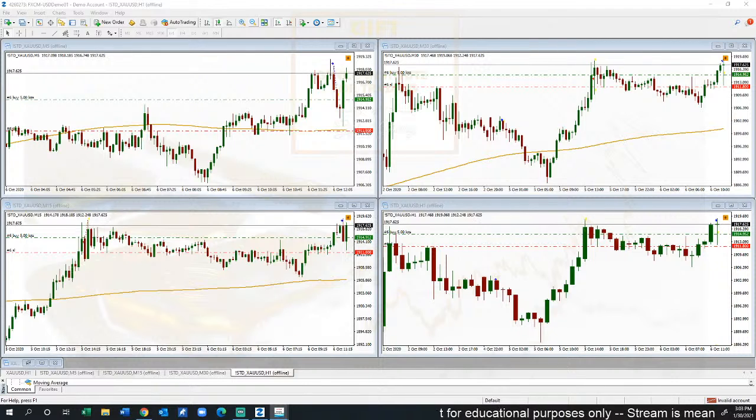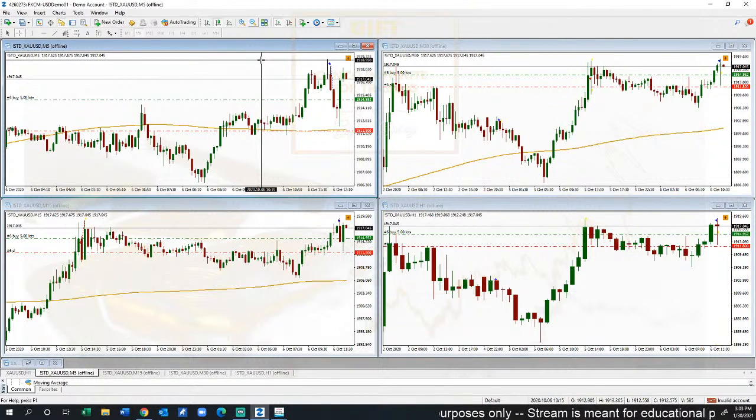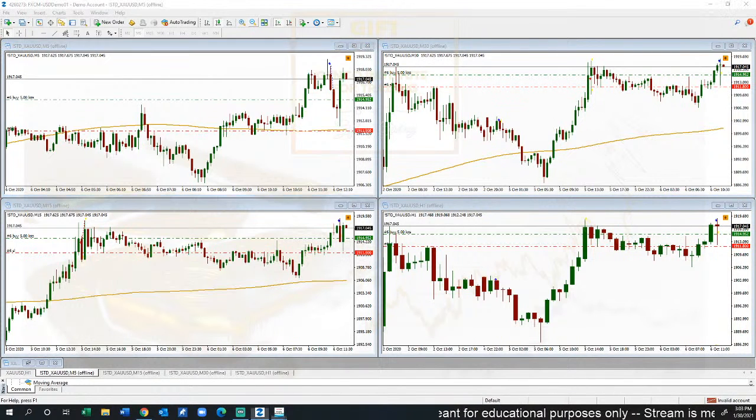One thing I want to practice too, I paused it again, is if it starts breaking the high, so what is that? 1918.95. So maybe like a 1940 buy stop. I want to have that kind of in place. And can you put a buy stop on here? Pending.